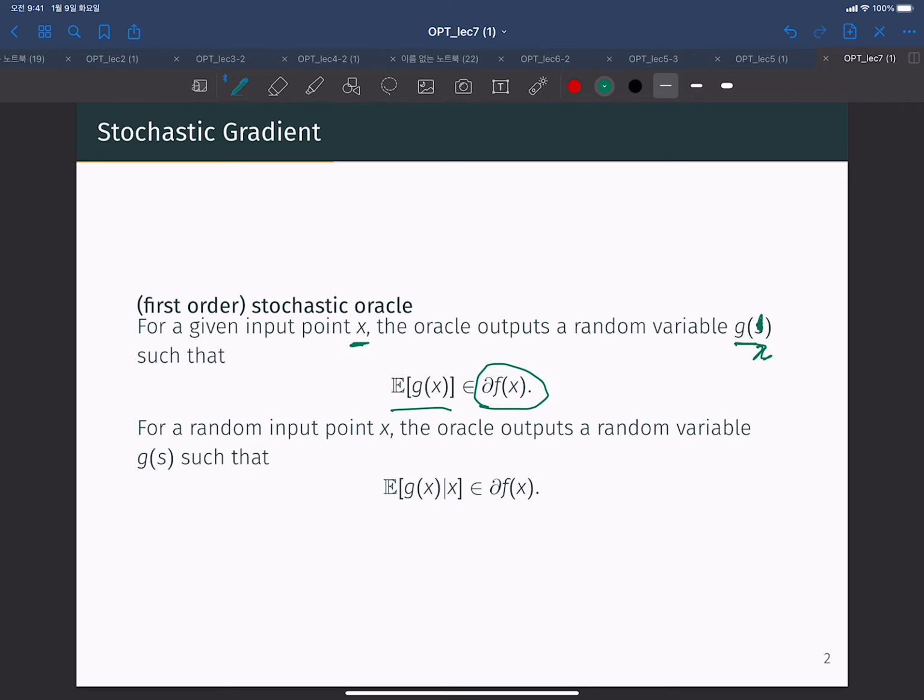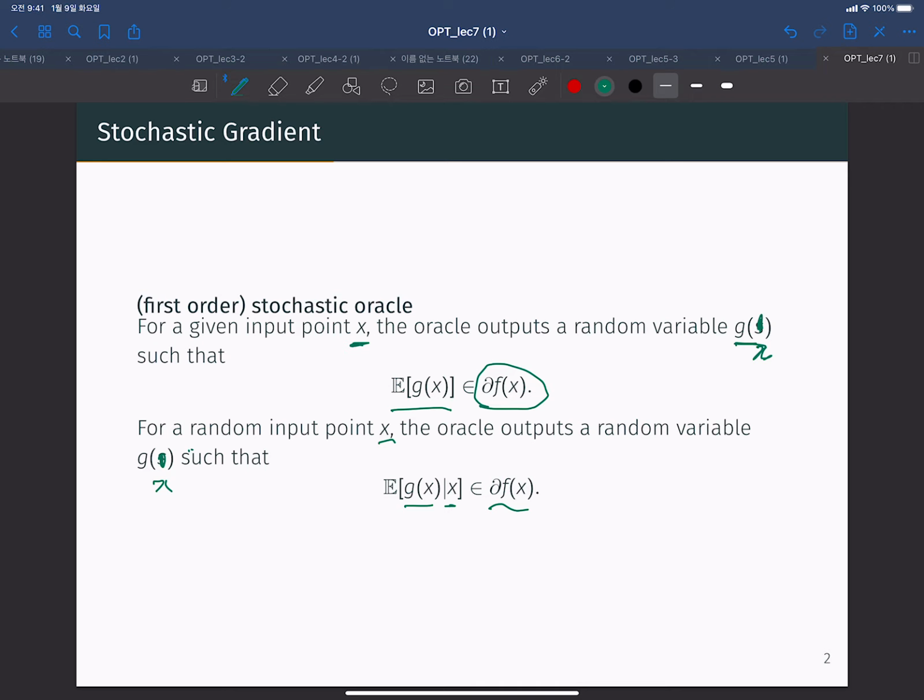That is, for an input point x, the oracle outputs a random variable g(x) such that the expectation of g(x) given x belongs to the subgradient of f(x).